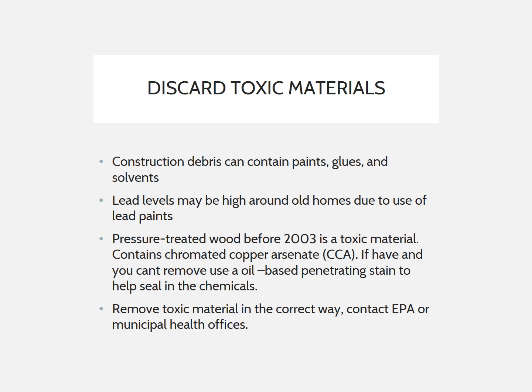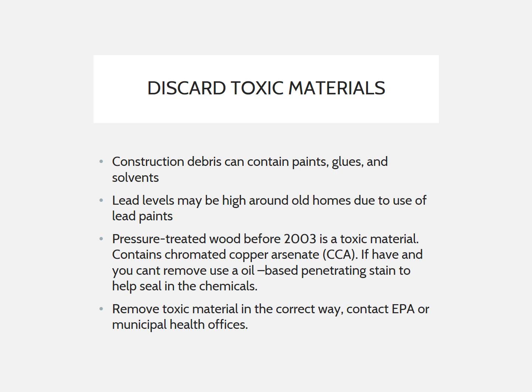So discard toxic materials. Construction debris can contain paints, glues, and solvents. Lead levels may be high around old homes due to use of lead paint. Also, pressure-treated wood before 2003 is a toxic material. It contains chromated copper arsenate.